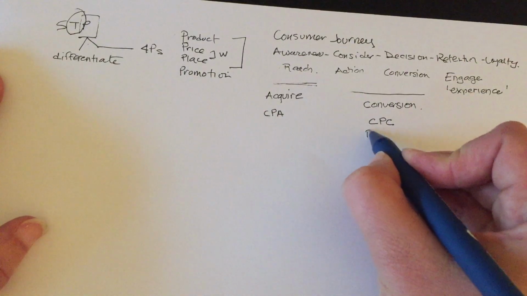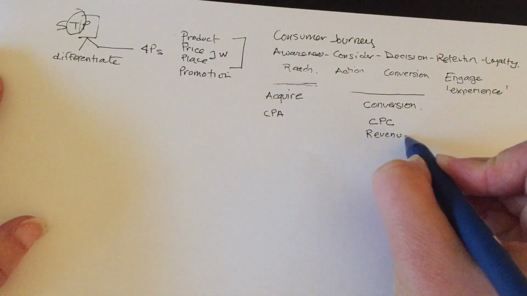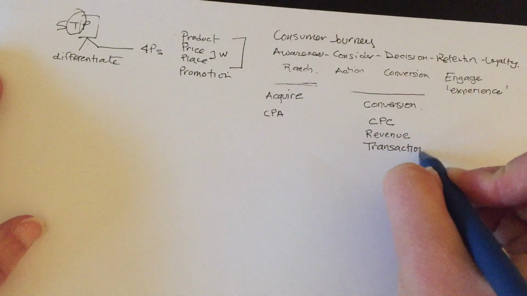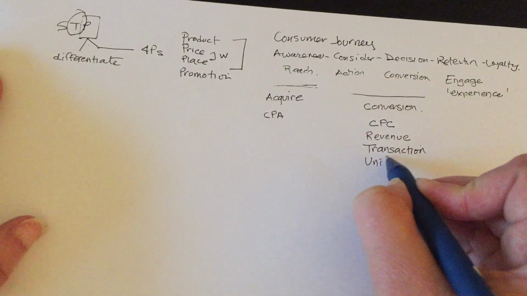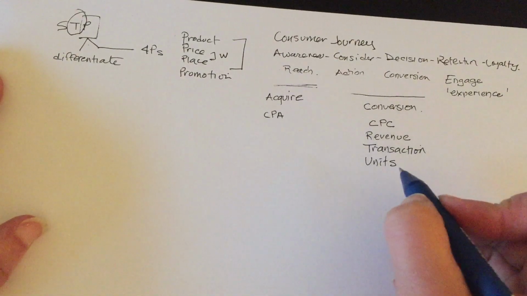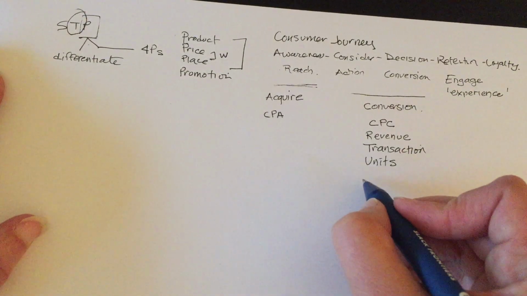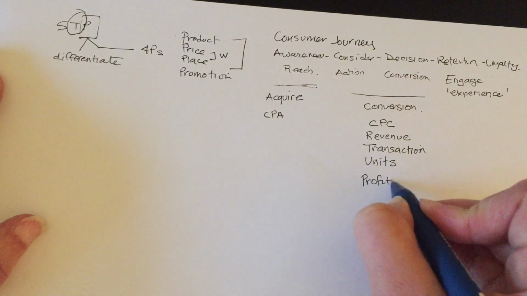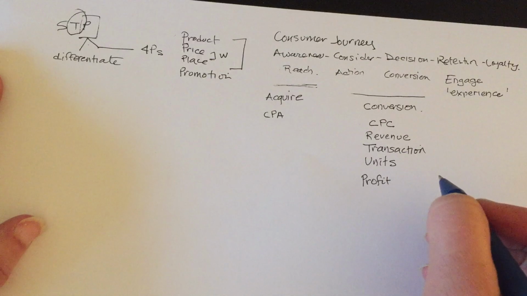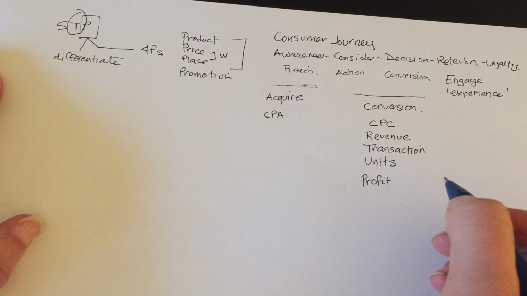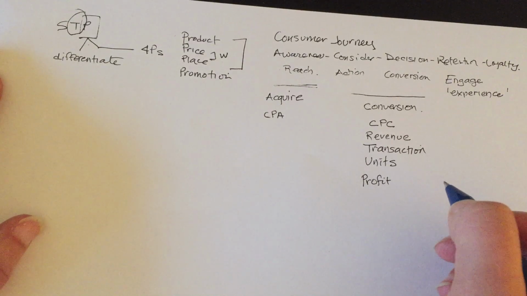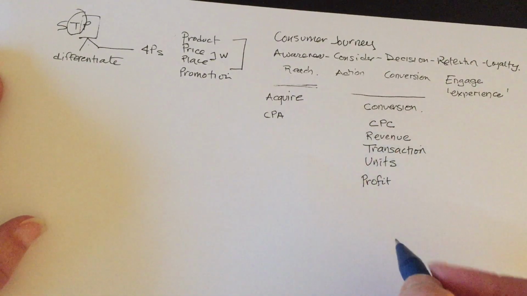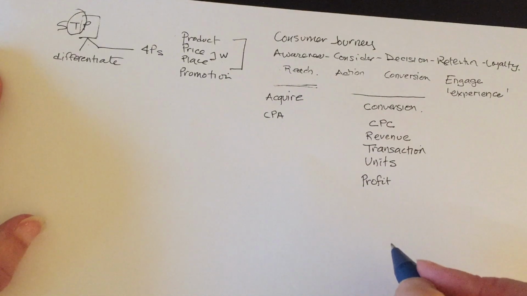And we're interested here in revenue, we're interested in the number of transactions, we're interested in the number of units that get sold, and as you saw in our positioning exercise, we're interested in profits. We want to accumulate profits. We want, as a business, to increase our profitability, to make more money than we spend acquiring customers or converting that audience into customers.